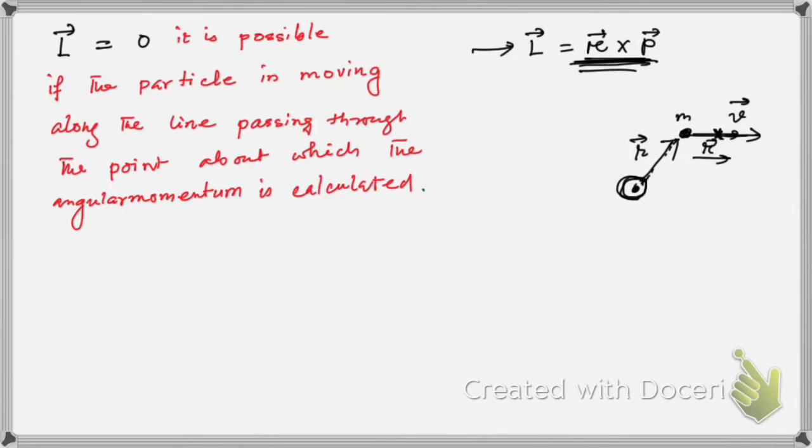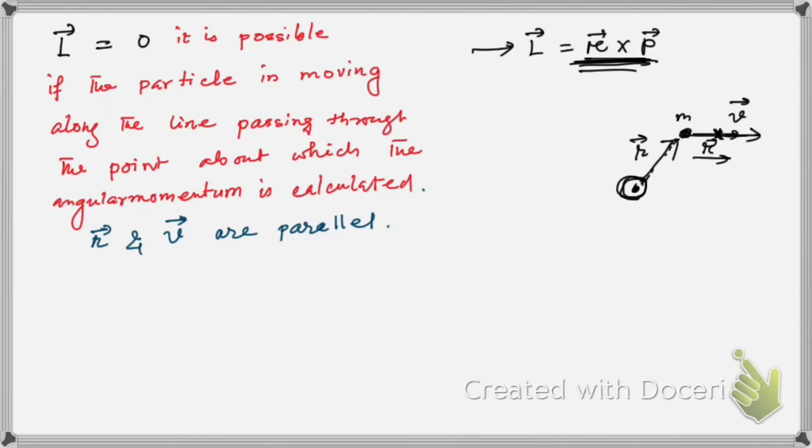And in this case, the position vector of the point about which we have calculated the angular momentum must be parallel to its linear velocity v.